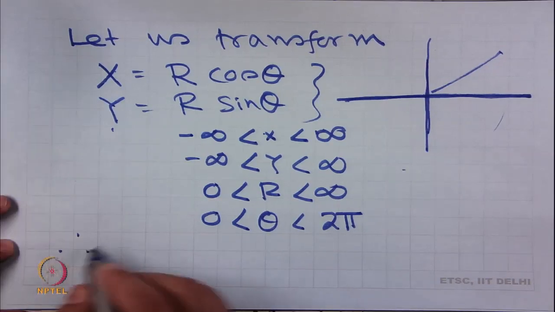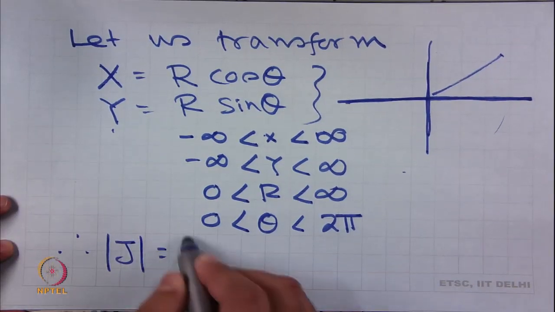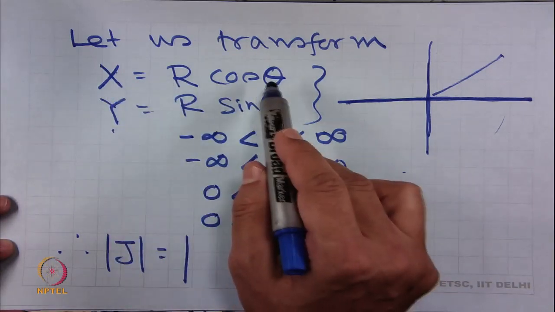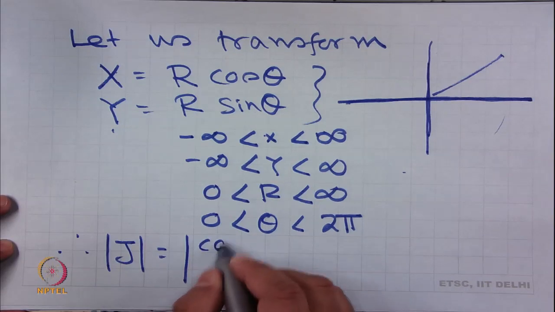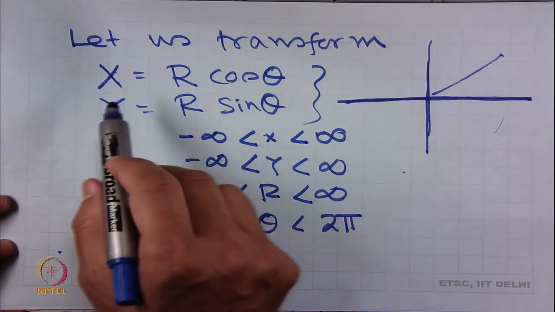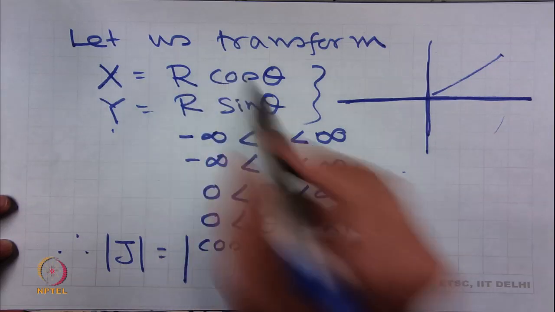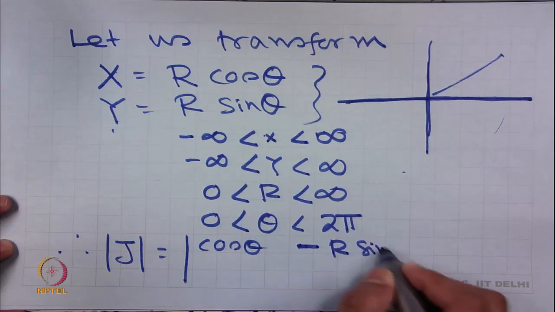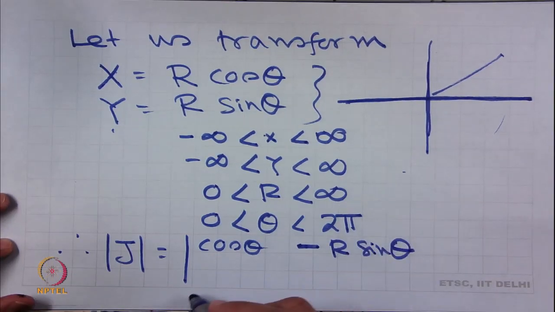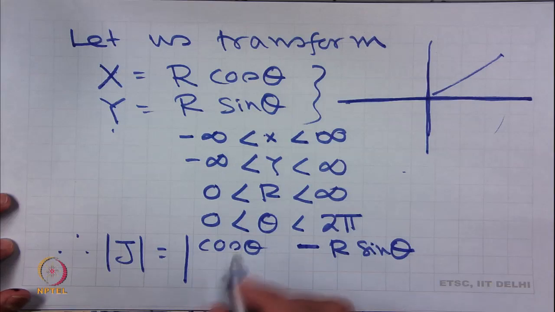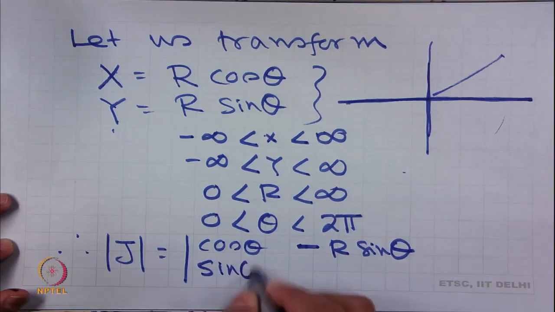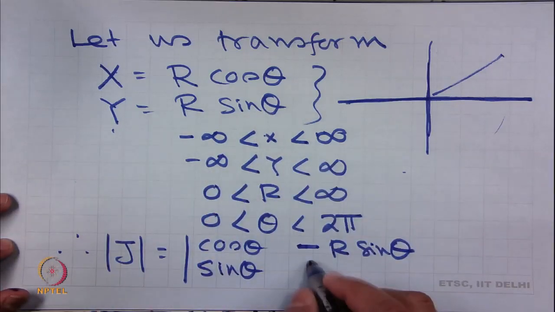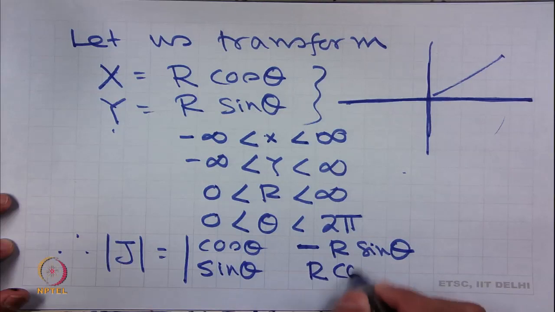Therefore, the Jacobian of transformation is: dx dr, which is cos theta; dx d theta, which is minus r sin theta; dy dr, which is sin theta; and dy d theta, which is r cos theta.